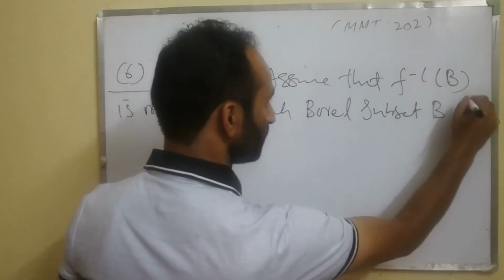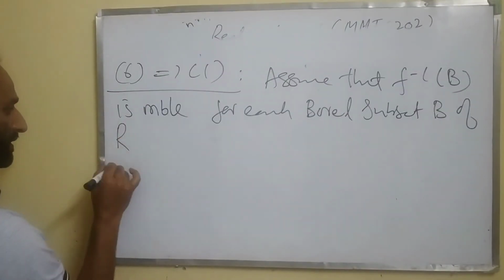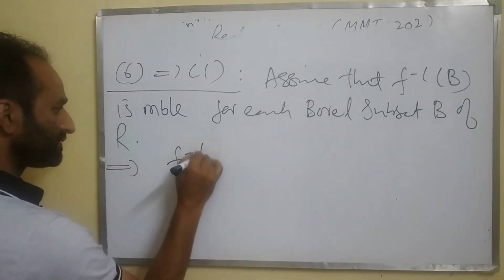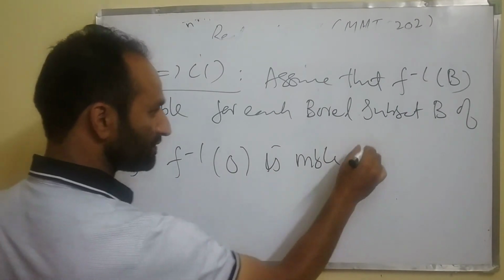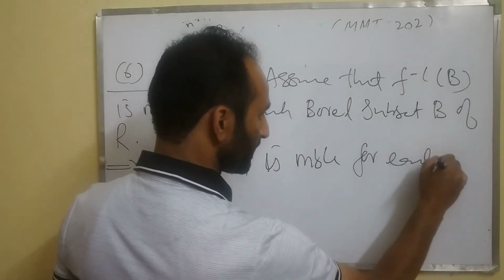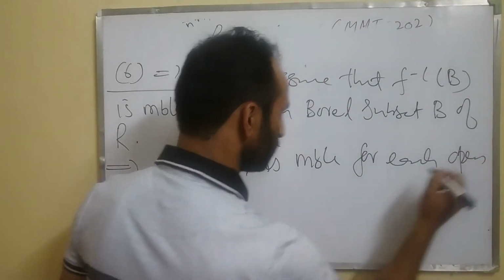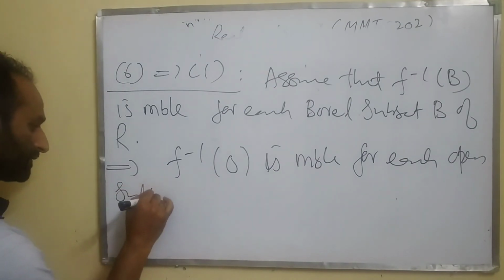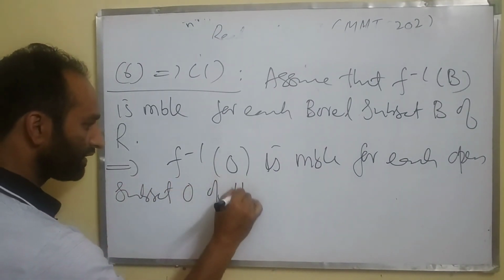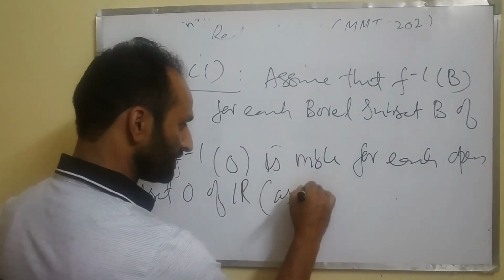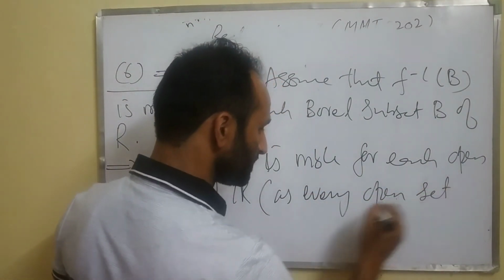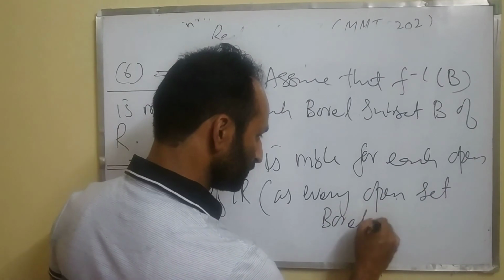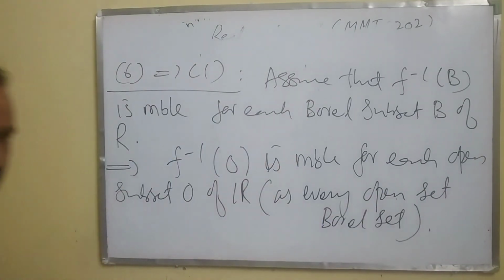It implies that F inverse of O is measurable for each open subset O of R, as every open set is a Borel set.